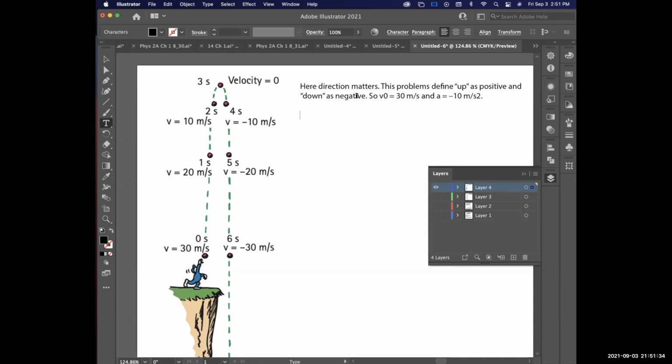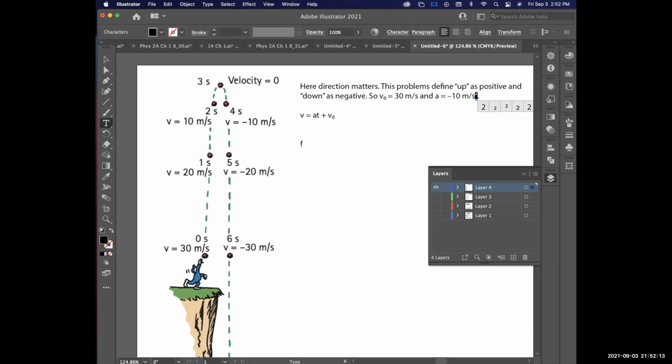And so we can still use that velocity equals a t plus v sub 0. Everyone following along so far? Because remember how I said velocity requires the direction to be in there.